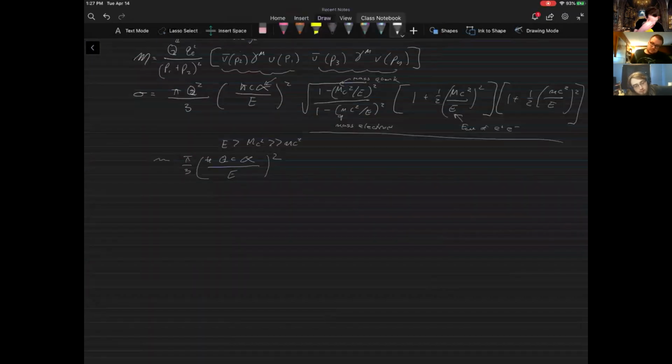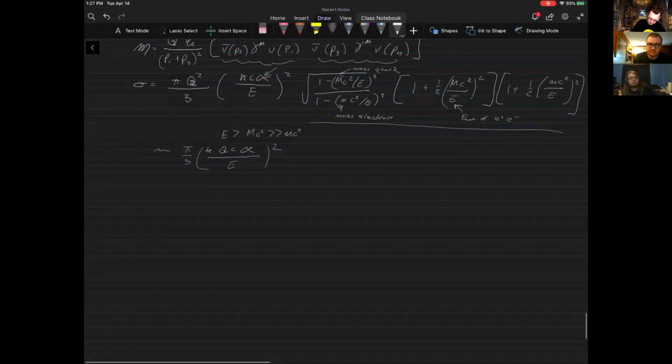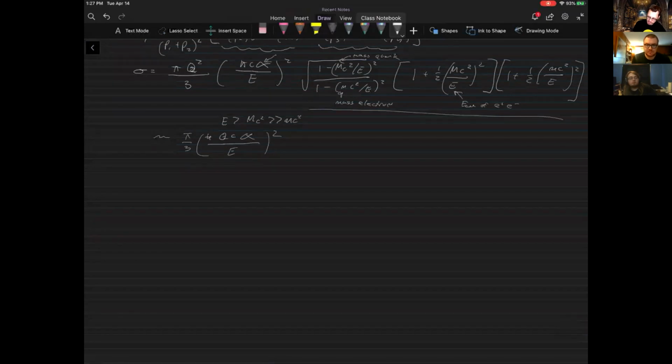And the next thing I can think about then is, I can write down an expression for the cross section as I am turning up my energy here. And I have a guess for what this cross section might be, but it is roughly independent of the mass of the quarks here.